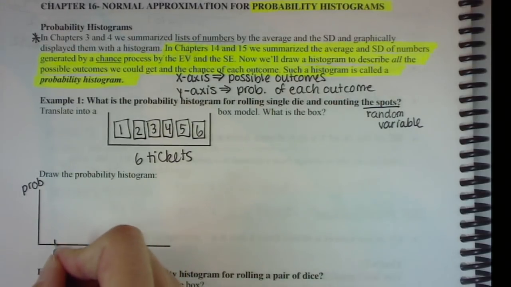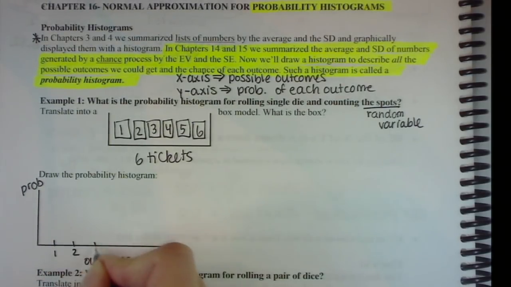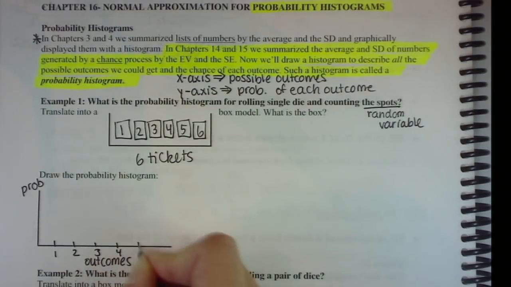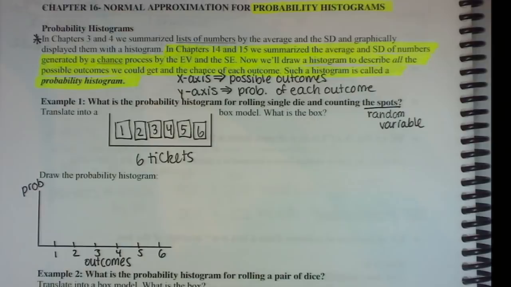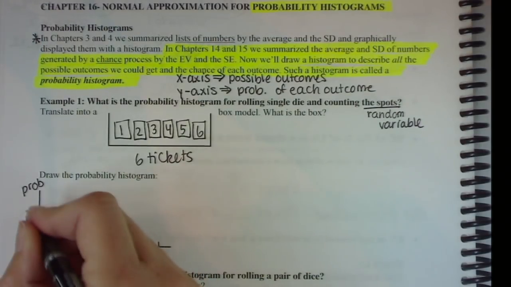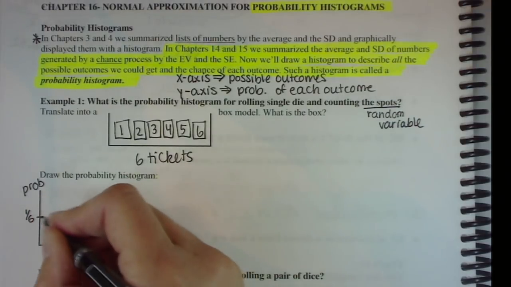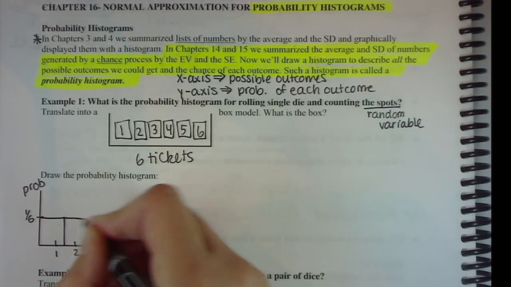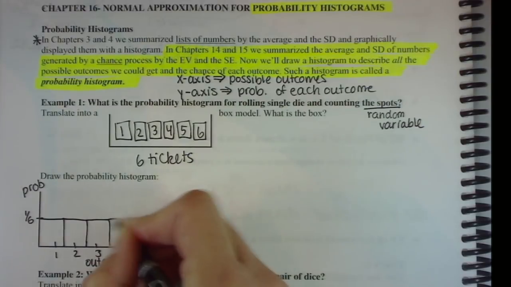And then for my probability histograms, my outcomes are just 1, 2, 3, 4, 5, and 6. And so the outcomes are all those numbers, and then the probability is just the same for all of them, right? The chance of getting any of these is 1 out of 6. So my probability histogram is going to look super boring. Here's the first bar, here's the second bar.